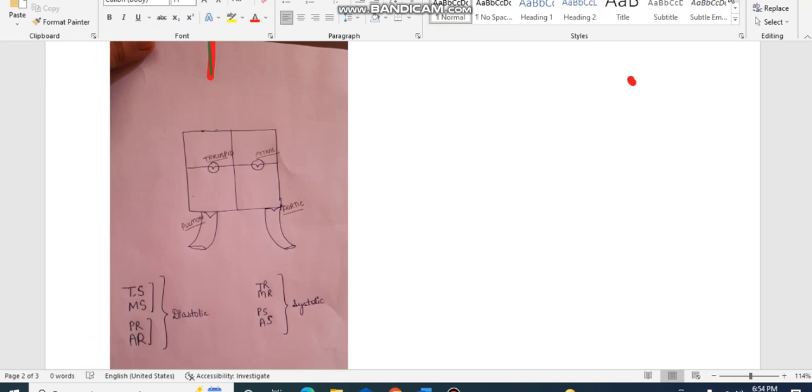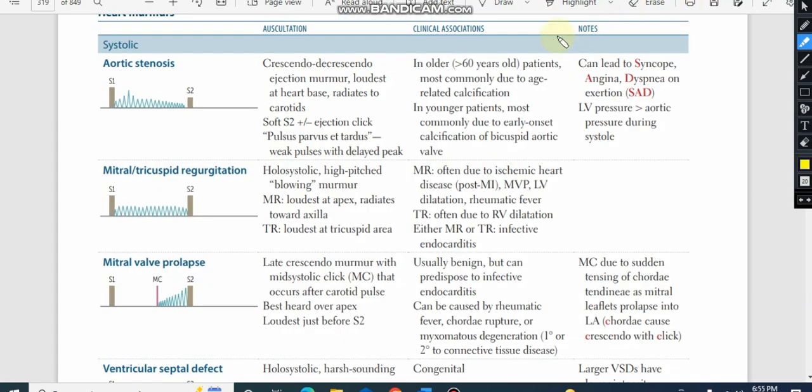Now we know what is the type of the murmur. Okay, now we have done the aortic stenosis. Ejection murmur, that is the systolic murmur, right? Ejection is a word used in the case of valves from which the blood is going out of the heart.